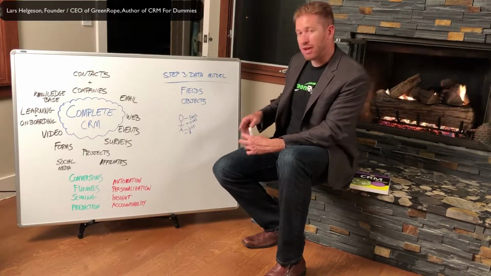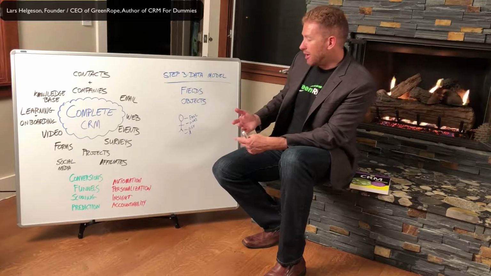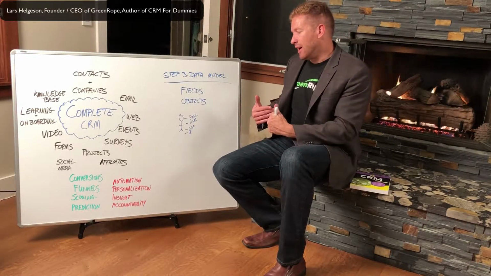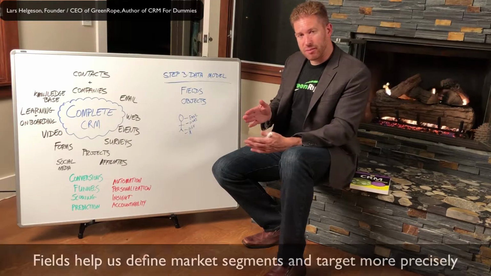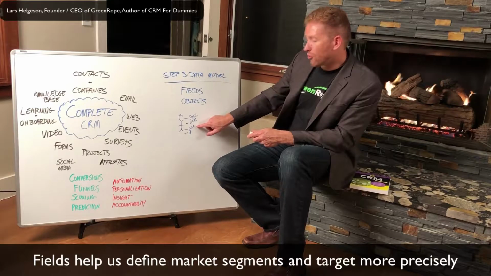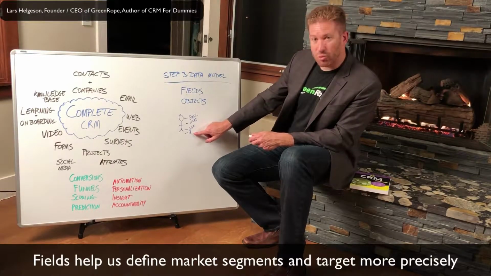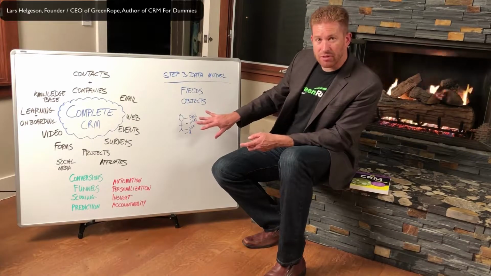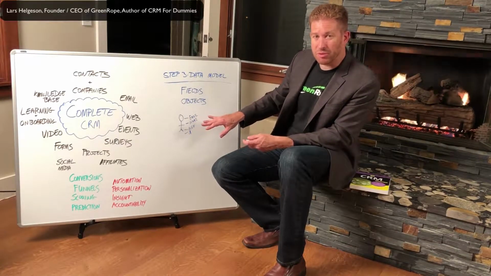Now we don't necessarily want to gather absolutely everything, but if we ever want to use this information as a way to, say, identify a particular market segment and be able to say, let's pull out everyone that is over the age of 50 who makes more than $100,000 a year, for example, you have to have that data within your CRM or else you won't be able to do that.